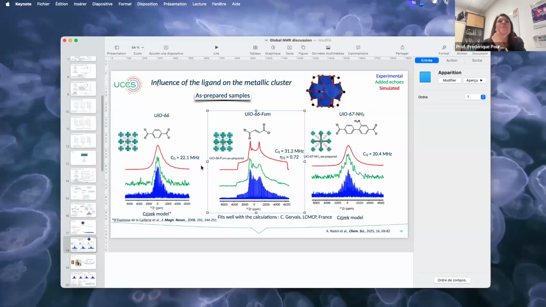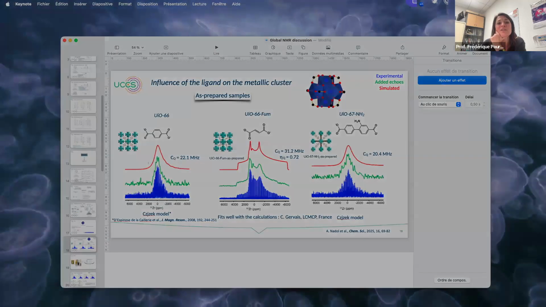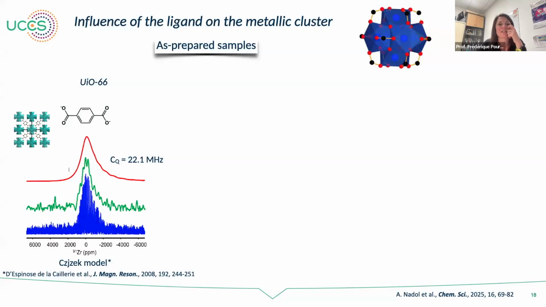To be honest, I don't think so, because as you can observe here, the distribution goes from -6 ppm up to 4,000 ppm, and it's really complicated to do that with MAS. So it has been done with static conditions.